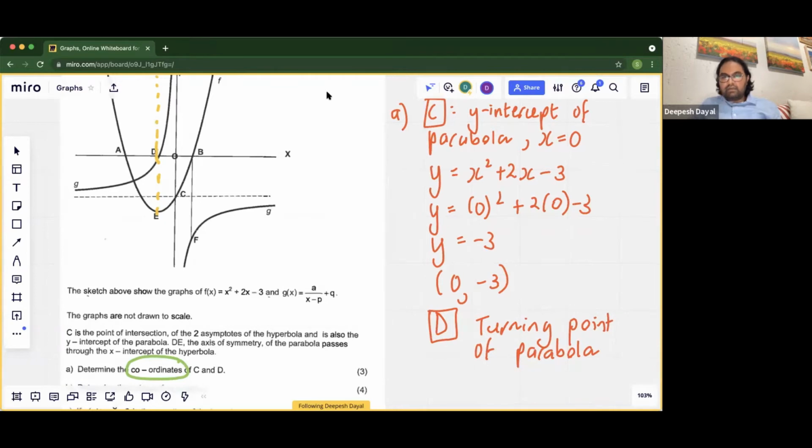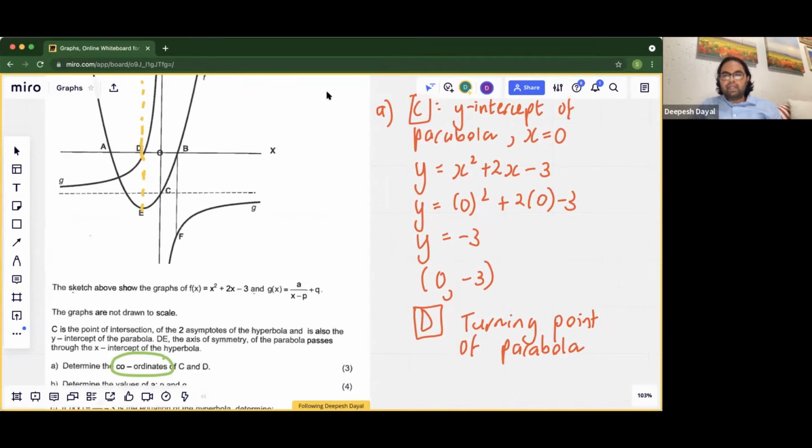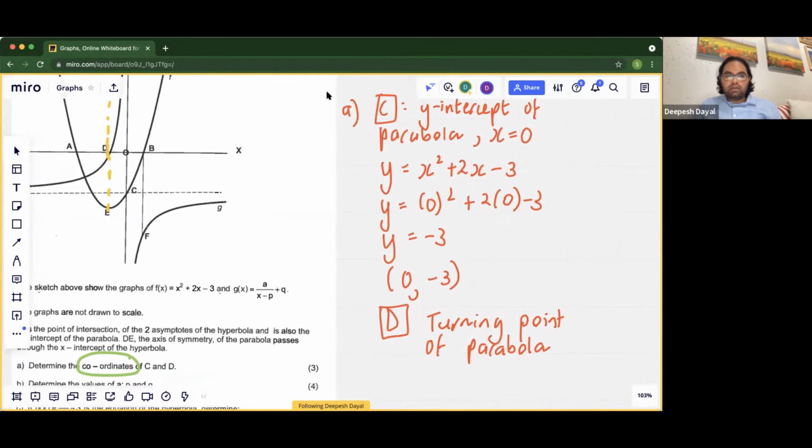Anybody want to help me? Yes, those of you that got the answer. What is the equation for the turning point of the parabola? Yes, that is x equals minus b over 2a. Right? Minus b over 2a.